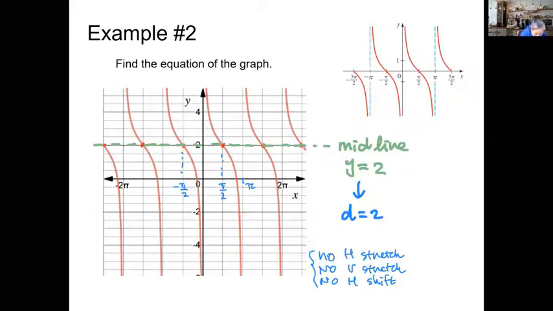Then we can conclude the equation will be y equals cotangent again, and then it's with just x. There's no b value or c value that goes around with x, but it's gonna be 2 added at the end because this is the d, right?